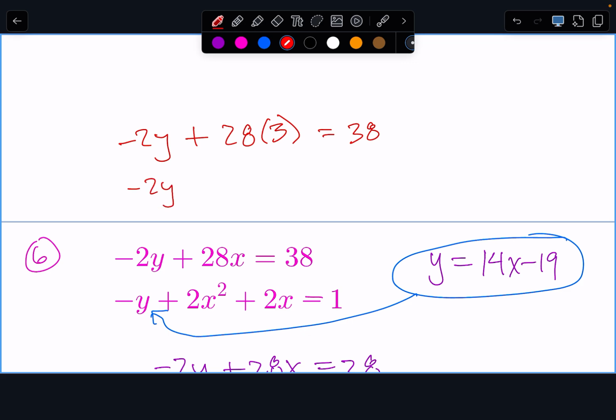So minus 84. Negative 2y equals 38 minus 84.